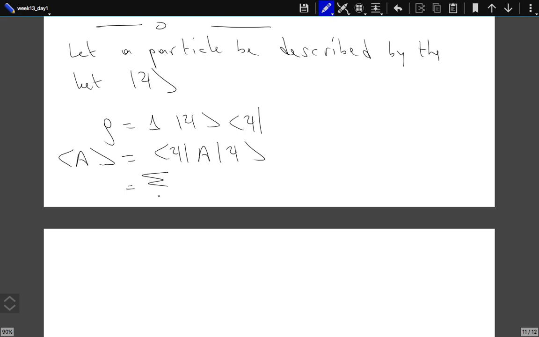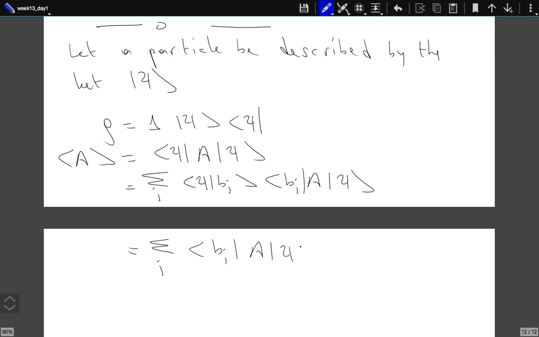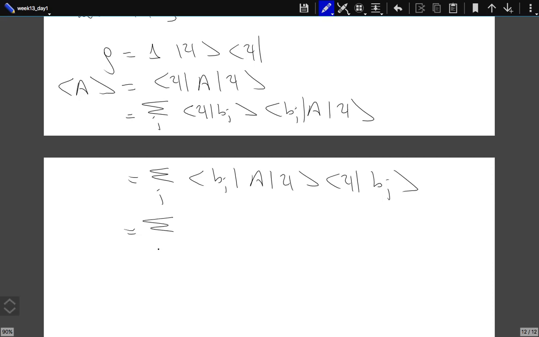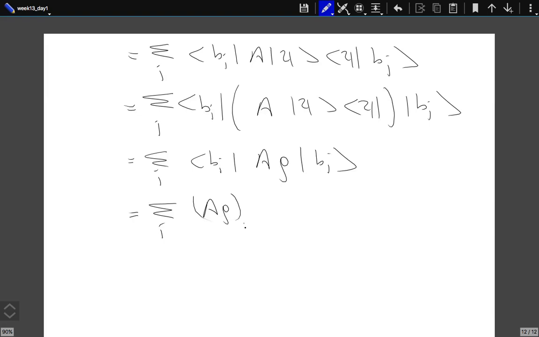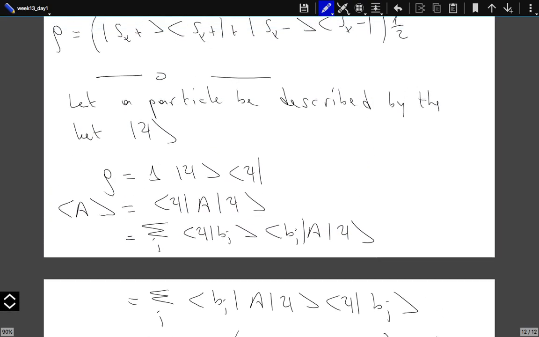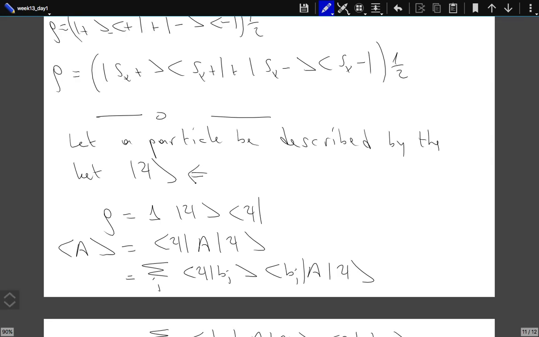Now this I can write as the sum over j of <psi|bj><bj|A|psi>, which is the sum over j of <bj|A|psi><psi|bj>, the sum over j of <bj|A rho|bj>, the sum over j of the jj element of A times rho, the trace of A times rho. So if I have a system in which all the particles can be described by a single ket, I just recover my previous results.